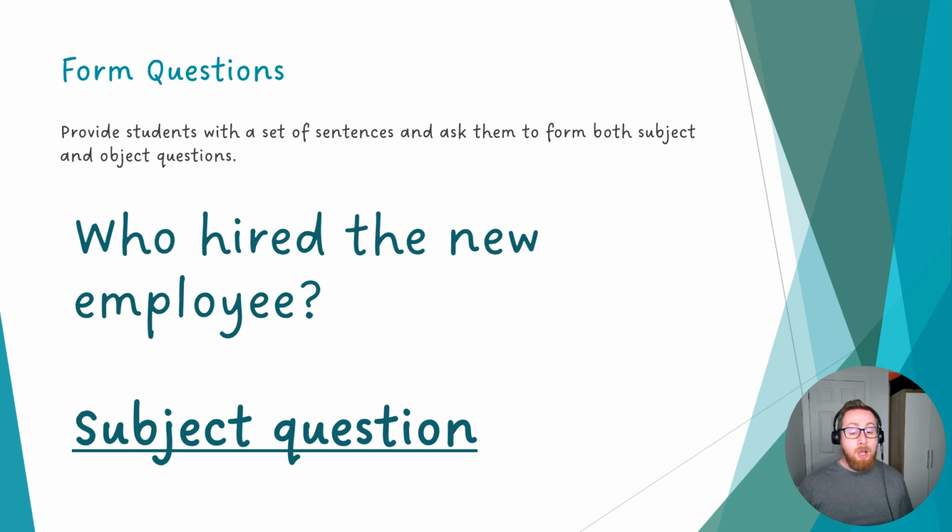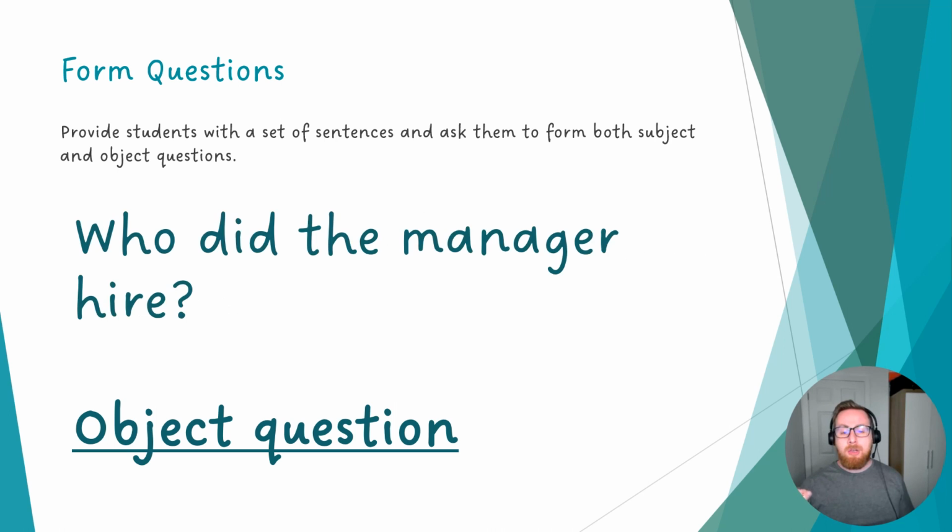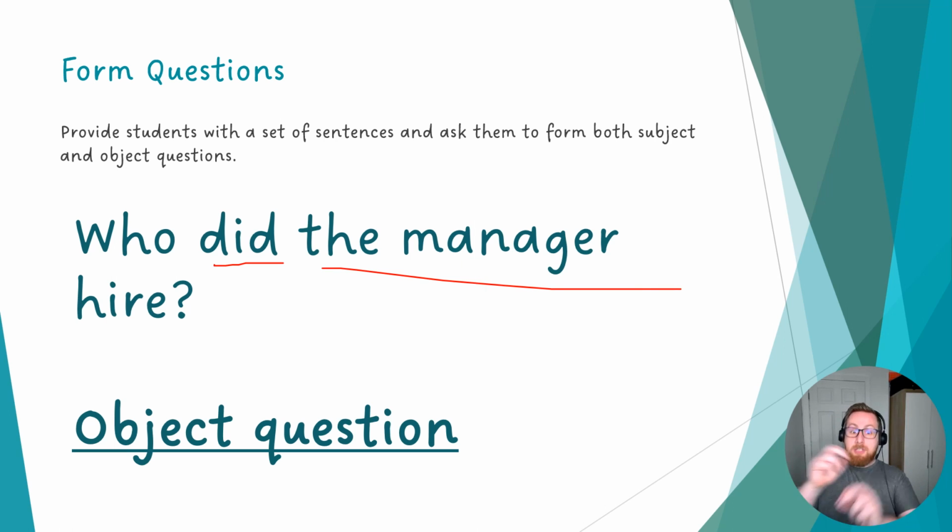Who hired the new employee? Now, if we were to do this as an object question, how could we change this? We know from the previous slide who hired the new employee. How could we change this? Who did the manager hire? Because the focus of the sentence has changed.